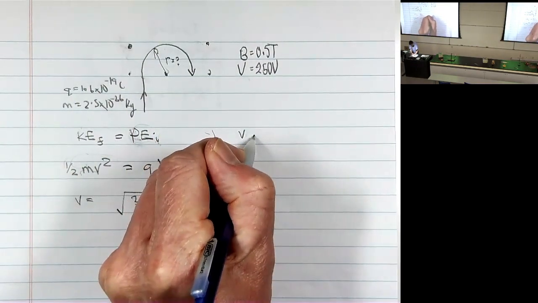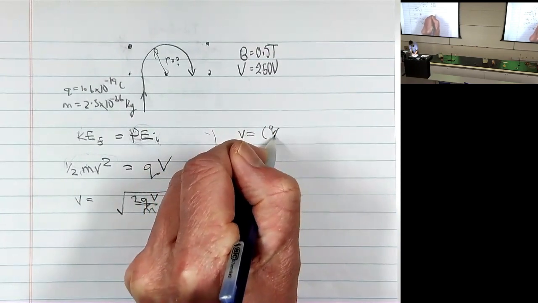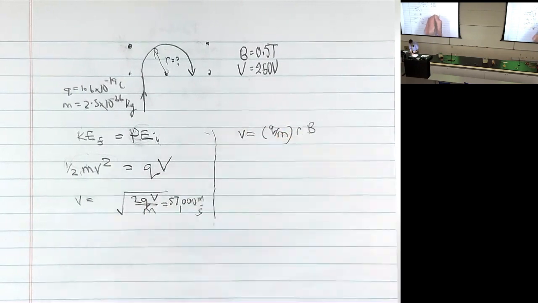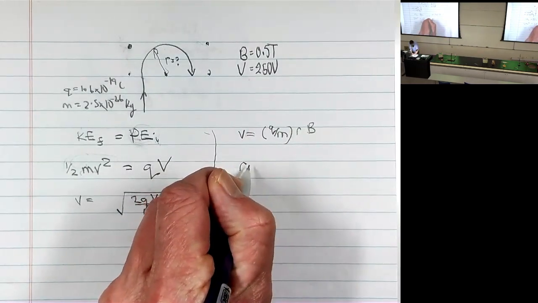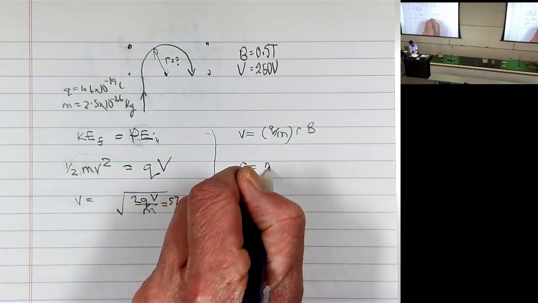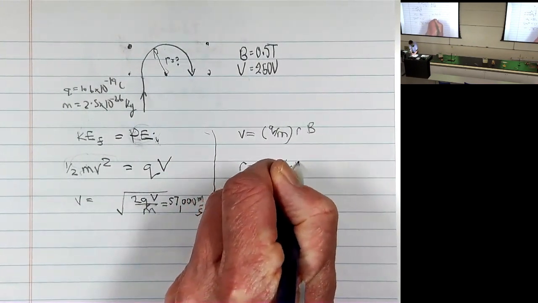It was that the speed of the circular motion equals Q over m, particle properties, times the radius of the circular motion times the magnetic field. I've just got to take that equation and rearrange it now. I want the radius, but I know the speed. And so if I rearrange this equation, I get mv divided by qB.